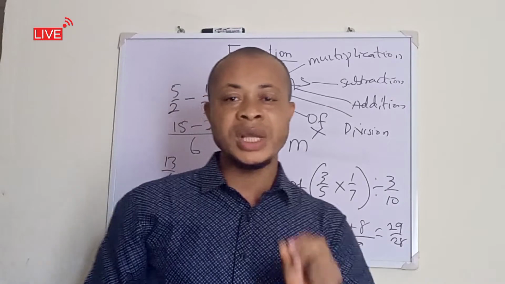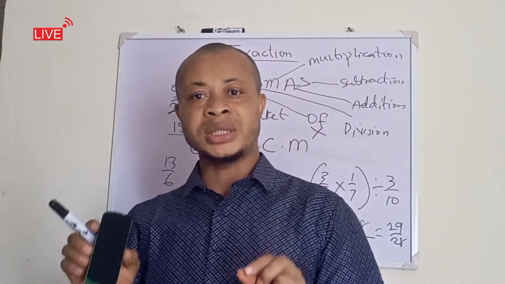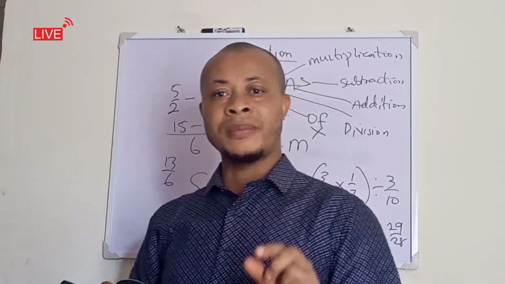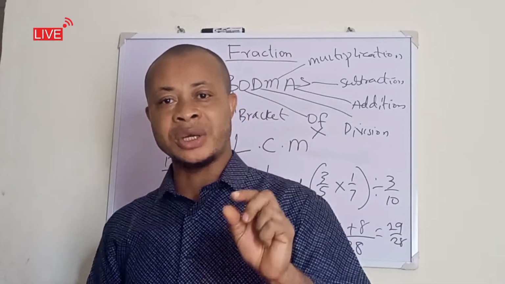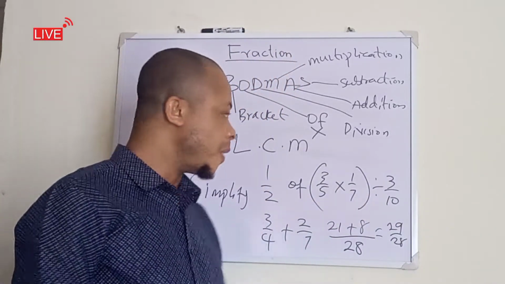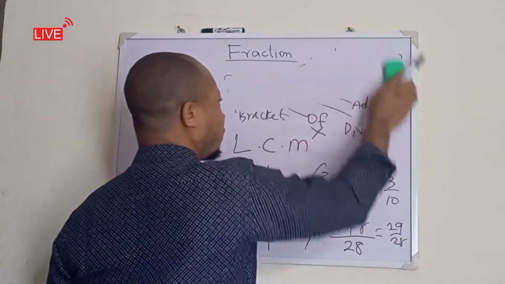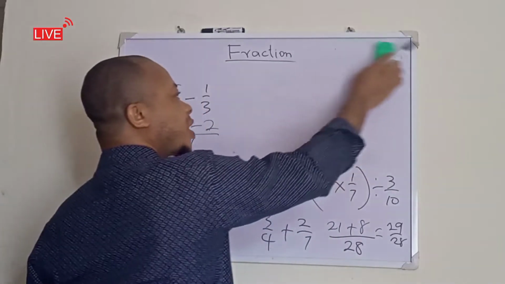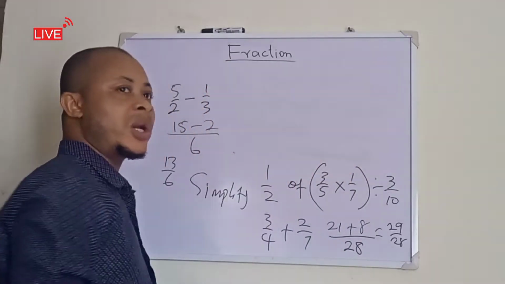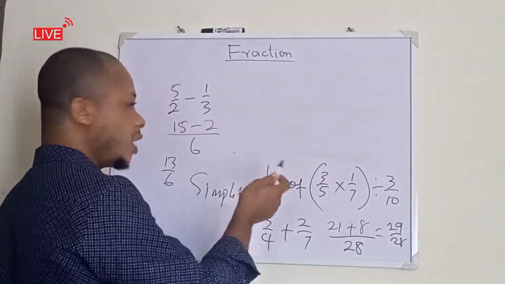So we use LCM when two fractions are connected to each other by either an addition sign or a subtraction sign. Now, let me clean up this. If two fractions are connected to each other by multiplication and division, let's go here.